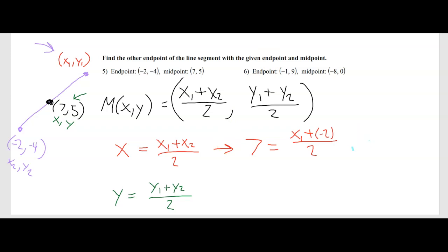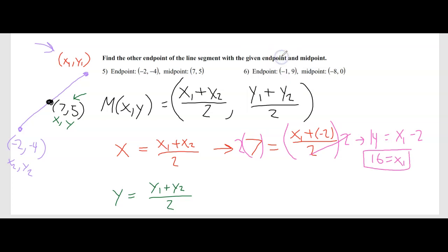Let me just show you what we're doing. We're going to multiply both sides by 2. So I get 14 is equal to, these two simplify, x1 minus 2. And then I get 16 is equal to x1. So I just added 2 to both sides.